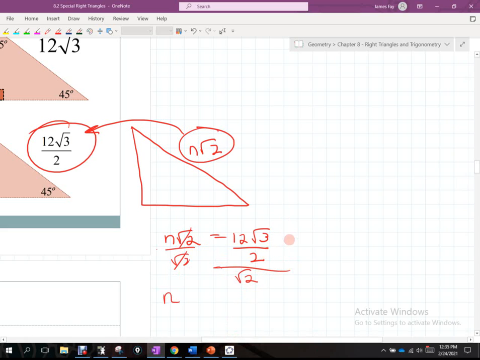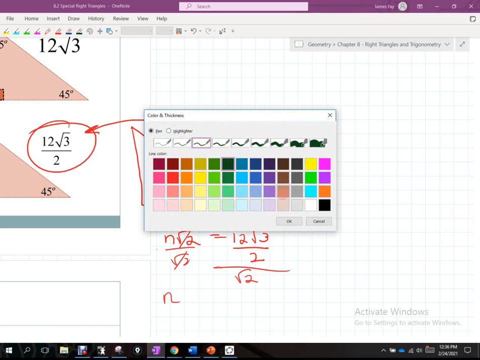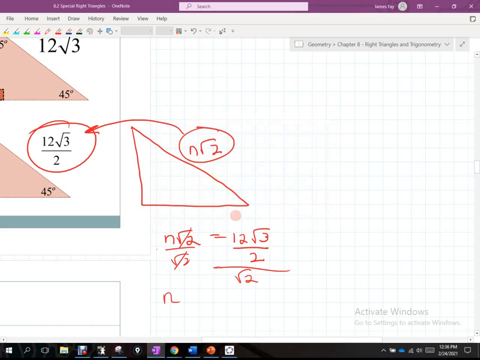Okay? And I cannot leave my answer like this. This is nasty. You know what this is called when we have a fraction inside a fraction? Compound fraction, good. Okay? Compound fractions, not good for us to leave as a final answer. So would you guys agree this radical 2 has a denominator of 1? You guys remember how to divide compound fractions?